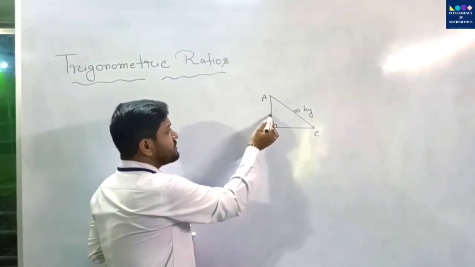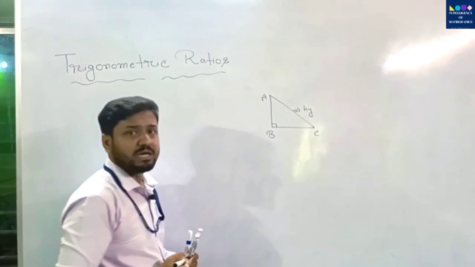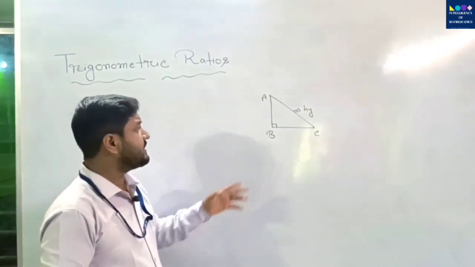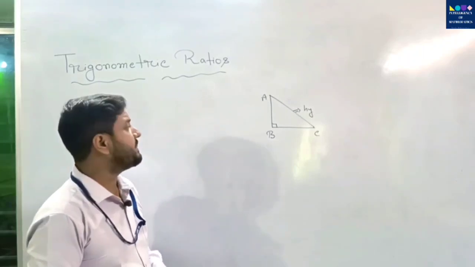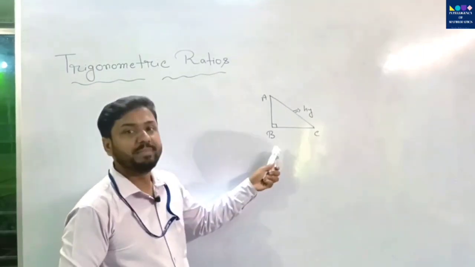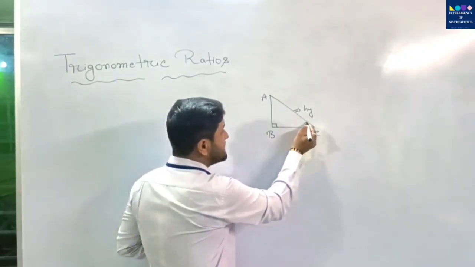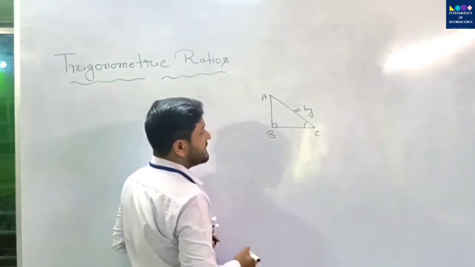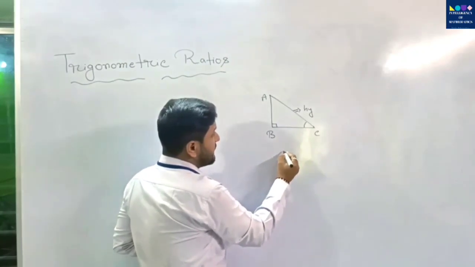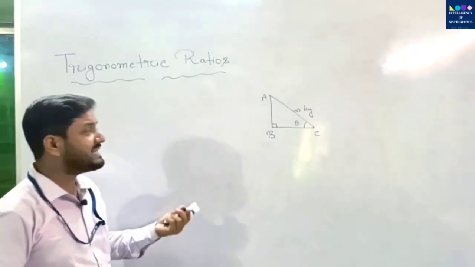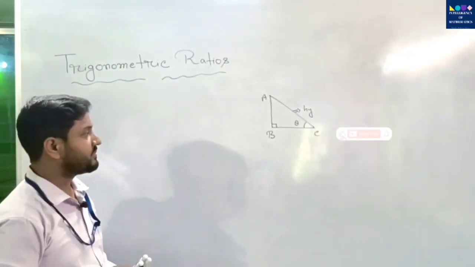Now of the remaining two sides, one will be perpendicular and one will be base. But directly we cannot decide which is perpendicular and which is base. To identify that, we have to consider our angle. Suppose this angle we consider as theta. Theta is a representation of angle.